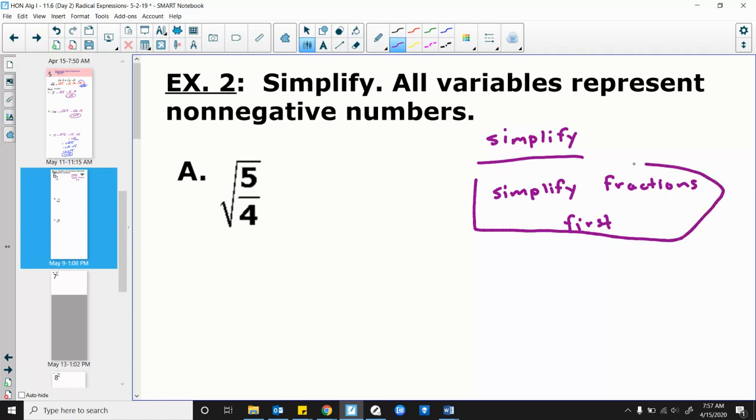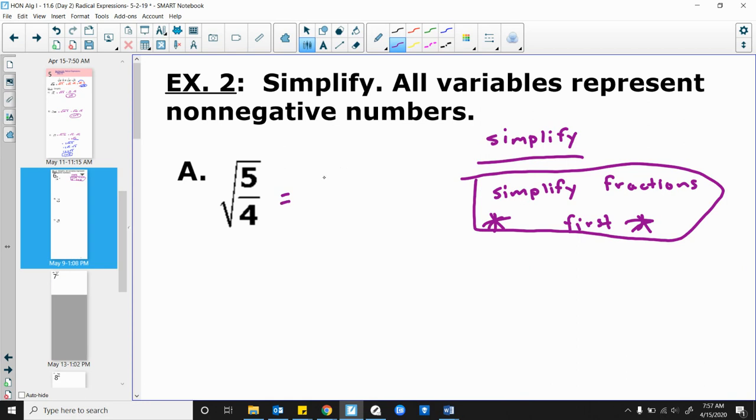It'll make things a lot easier. Now, in this case, 5 over 4 can't be simplified at all, so we're good. There's nothing else we can do there.